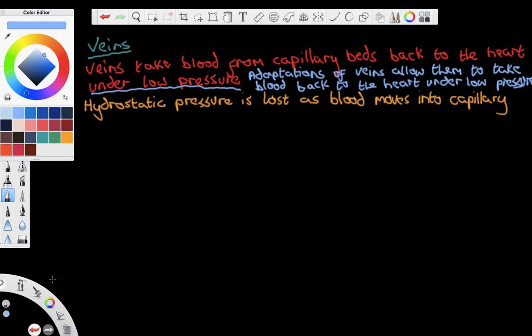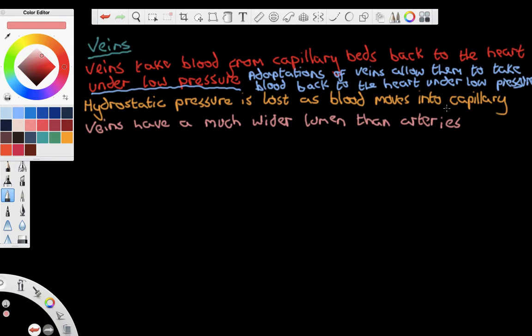So we can say that veins have a much wider lumen than arteries, and do not have much muscle or elastic tissue.